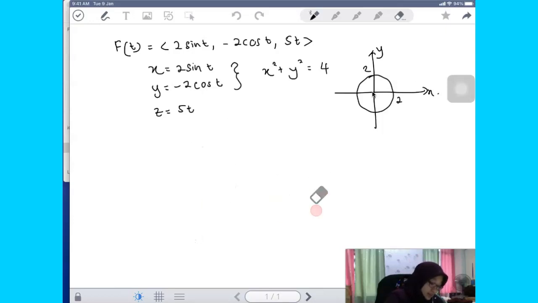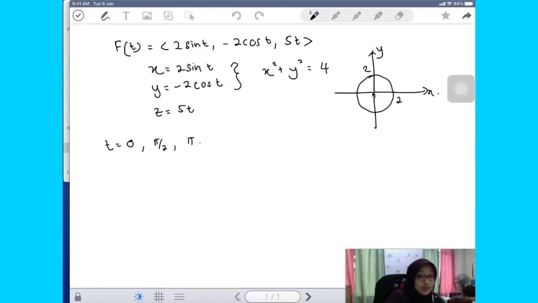Here you need some practice to sketch the helix. So maybe I will start just like before, by providing t equal to 0, pi over 2, and then pi.